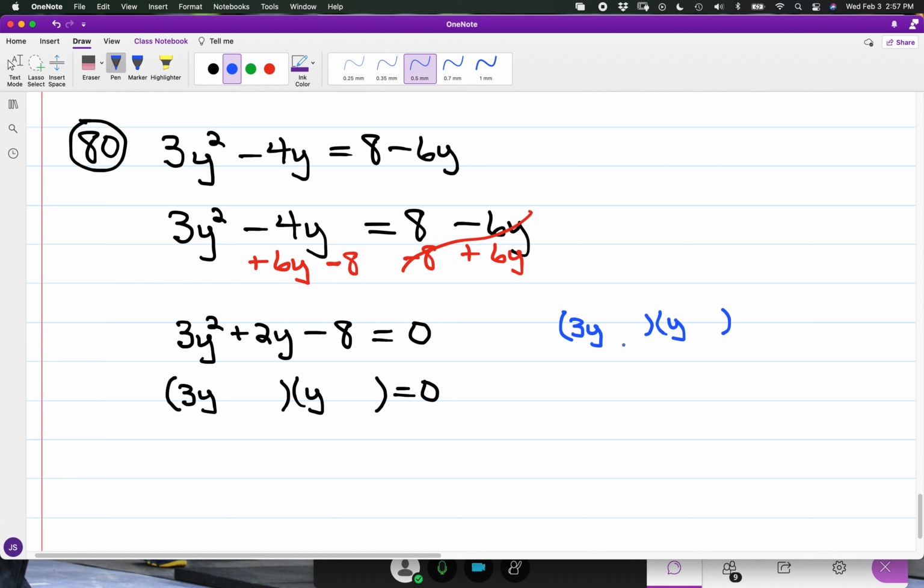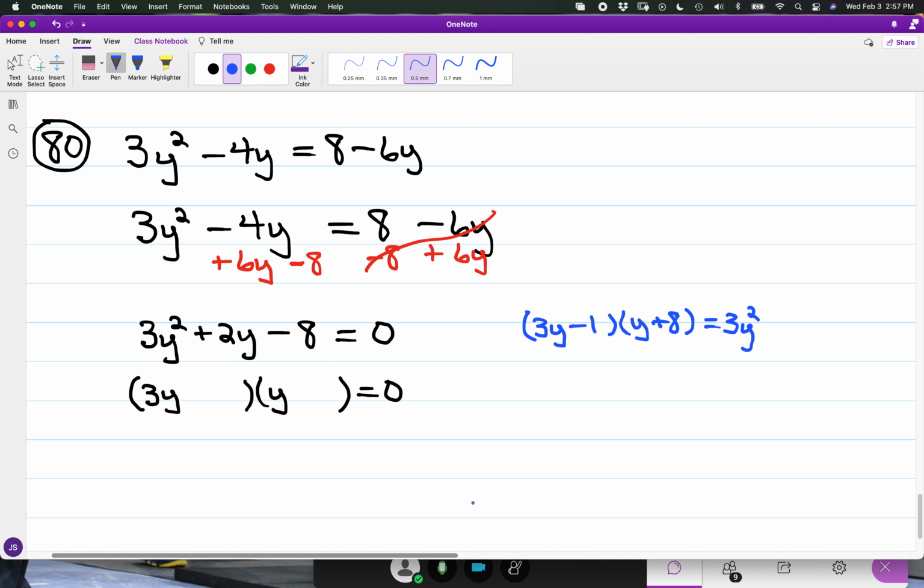So if I think of something like 3y minus 1, y plus 8, I would have 3y squared, but we have positive 24y minus y, so you have plus 23y minus 8. But that's not going to be it.